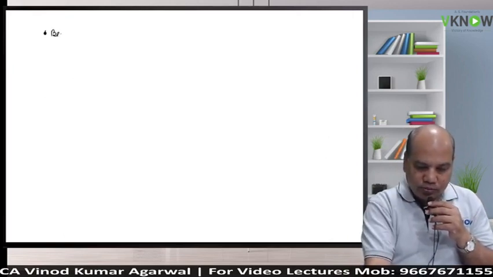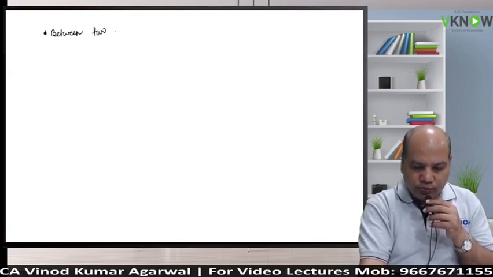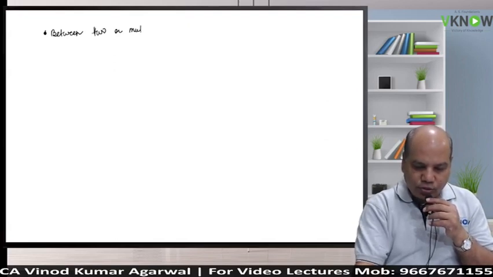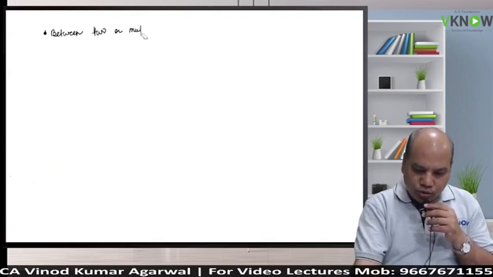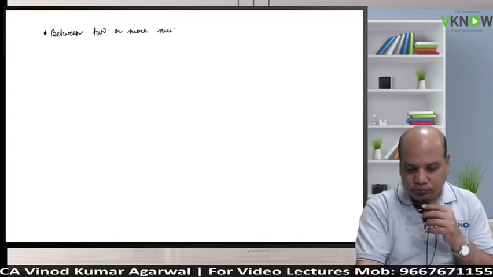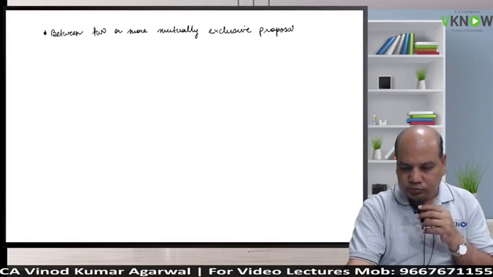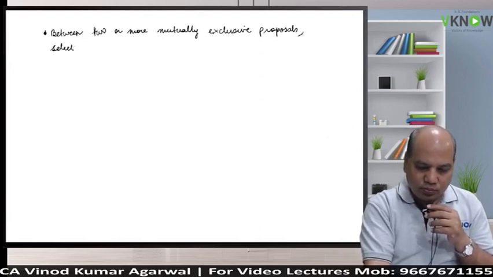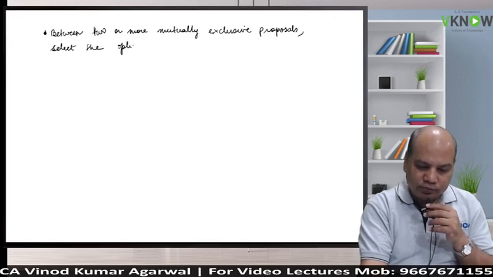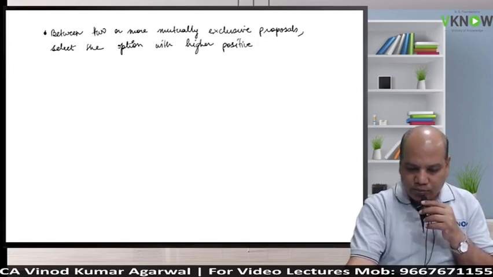And below that write down: between two or more mutually exclusive proposals, select the option with higher positive NPV.